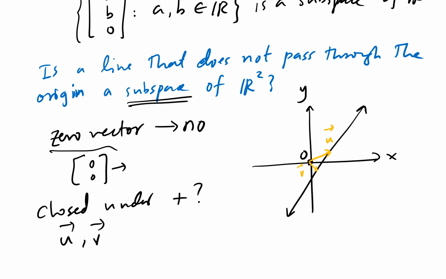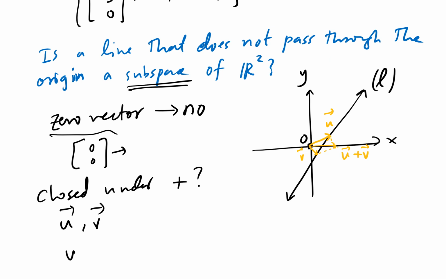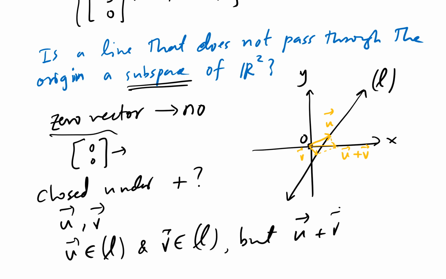Where's u plus v? You complete the parallelogram. So u plus v is this. Notice u plus v is not on the line. Call it line L. So u is on L and v is on L, but u plus v is not on L.